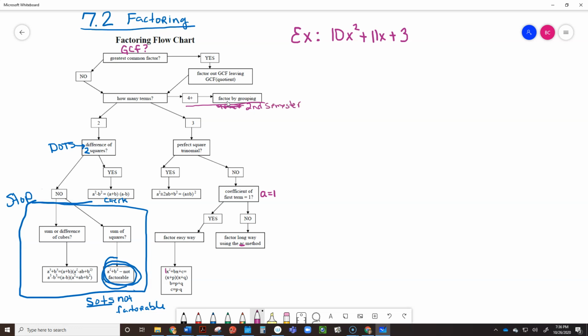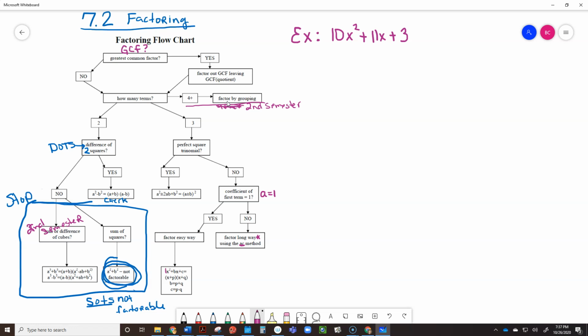This flowchart is not going to go away, but you're going to get a taste of it right here, because what we're going to do in just a second is change a problem that has 3 terms into a problem that has 4 terms. And then we are going to solve it by factoring. That's what they mean by doing it the long way. And the long way is just any one of those methods that I have listed on the other page.